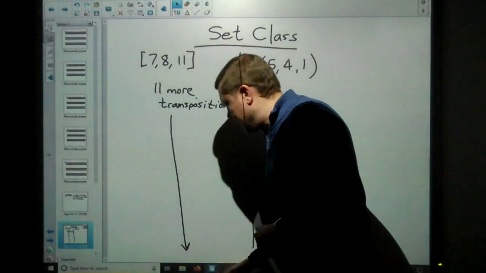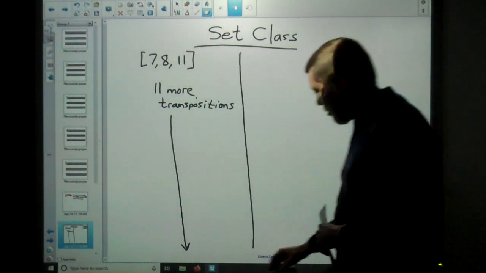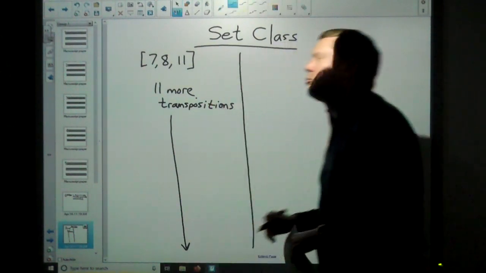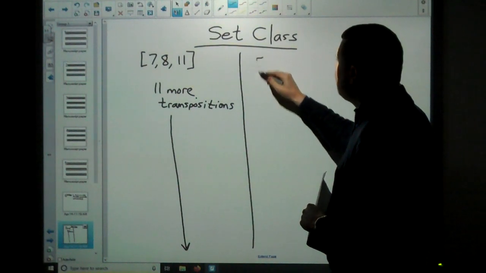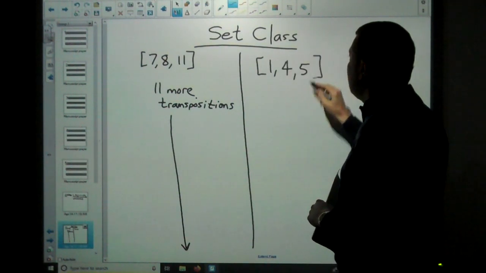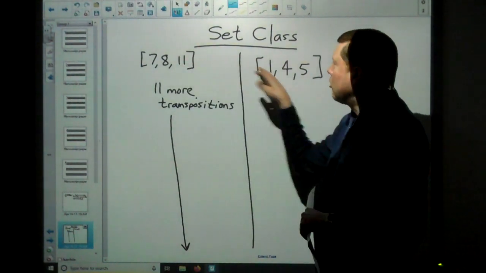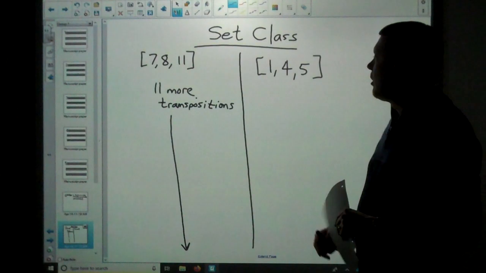But I know that the normal order of 5, 4, 1 happens to be the reverse of that, which is 1, 4, 5. So I can say that the normal order of the inversion of this set is indeed 1, 4, 5.